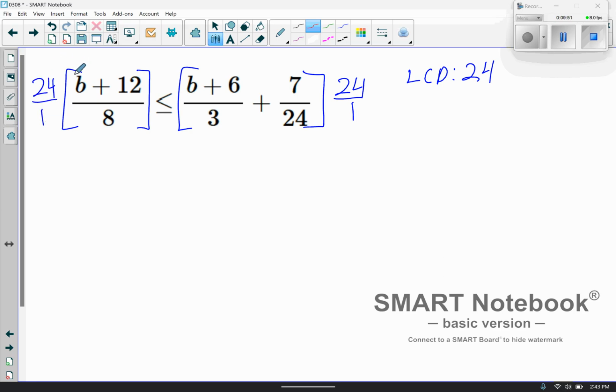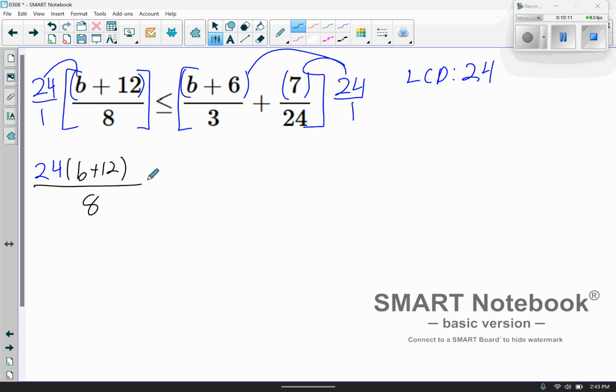And in my previous videos on this, what I tell you is don't actually distribute it yet. I wouldn't actually multiply everything by 24 yet. What I want to do here, and I'm going to try to color code this a little bit so we can see this, is have 24 times b plus 12 divided by 8, and then is less than or equal to 24 multiplying the b plus 6 divided by 3, and then plus 24 times 7 divided by 24.